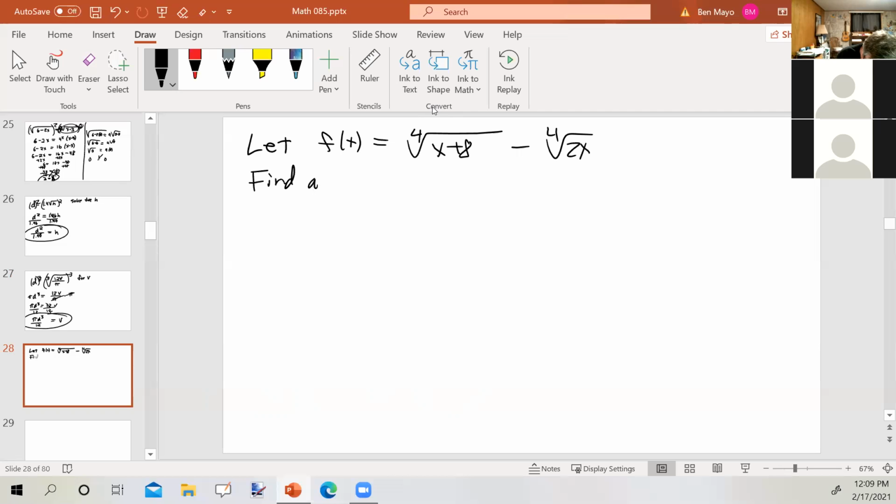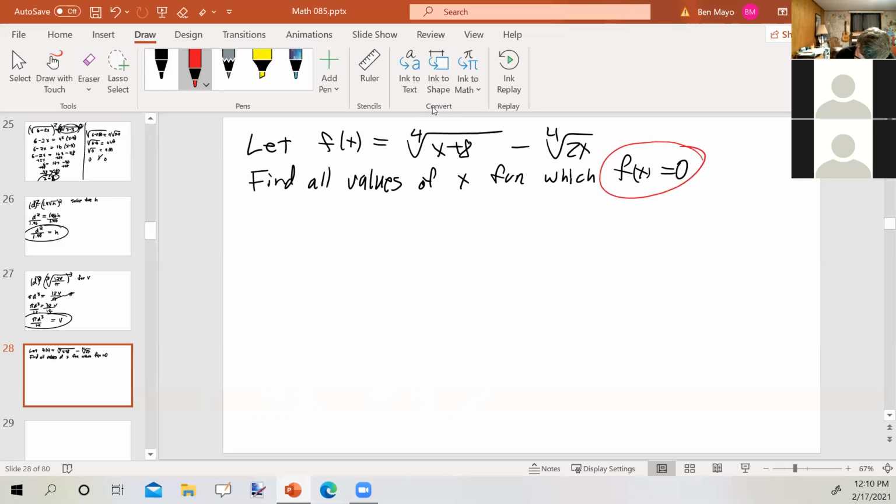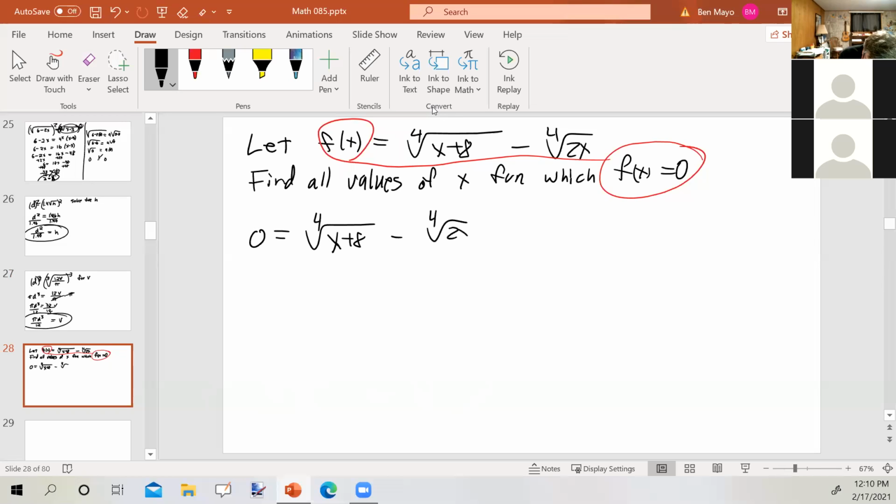Find all values of x for which f of x equals 0. So once again, we're going to take that and replace that with 0. So our equation becomes 0 equals the fourth root of x plus 8 minus the fourth root of 2x.